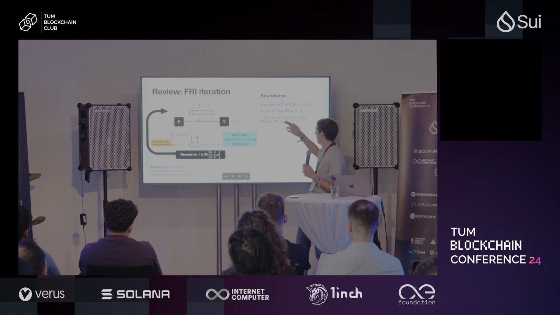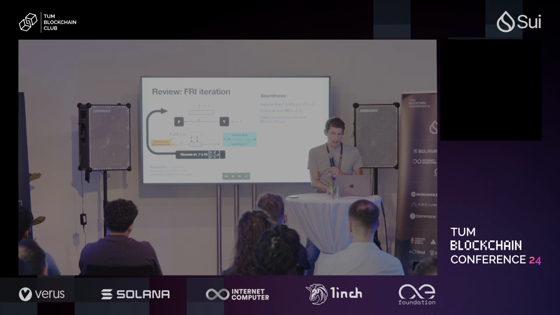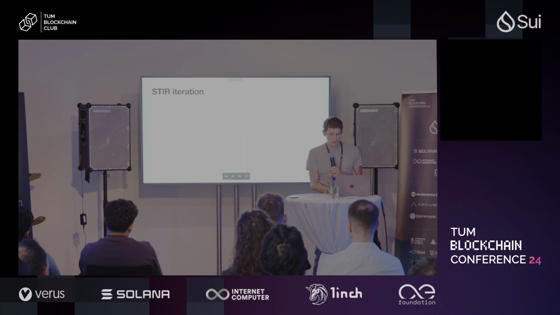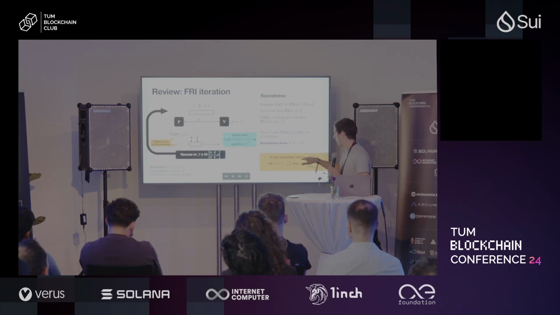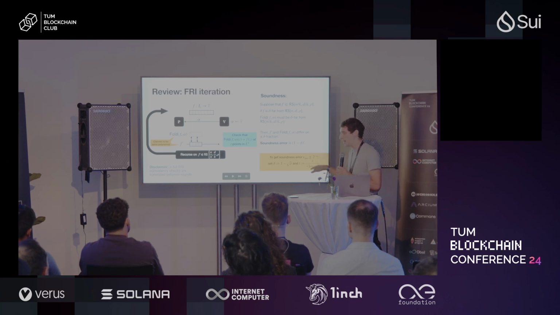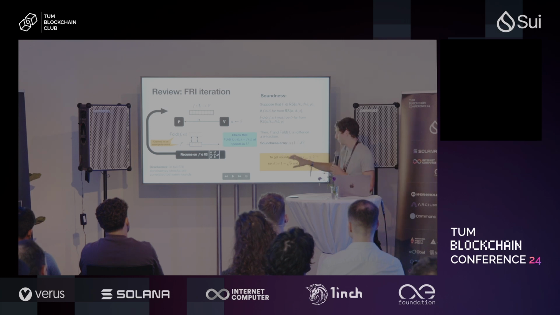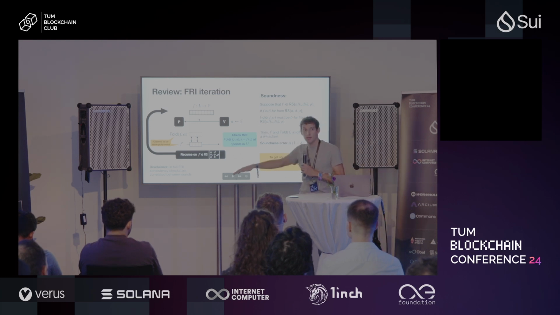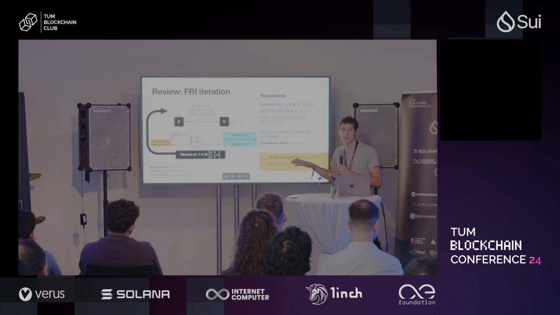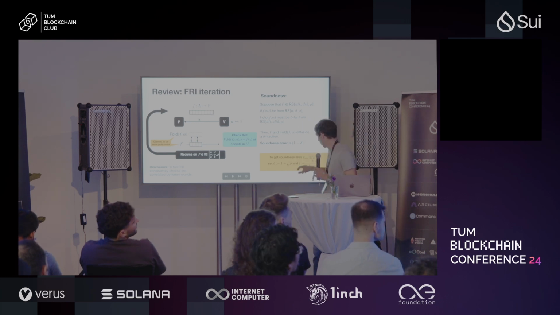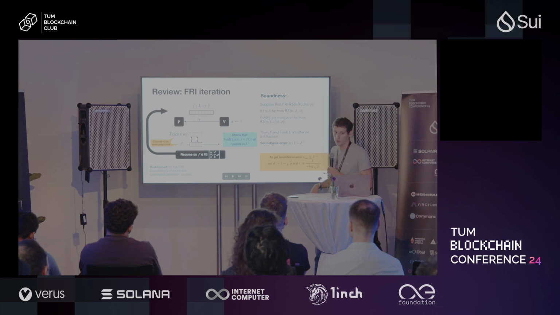So if I check at a few random points, my soundness error is roughly 1 minus the distance, to the power t. In particular, to get the soundness error I was talking about, I need to set t to be the same in each round, roughly lambda divided by minus log of the square root of rho. If I do this for log d rounds, I essentially get the query complexity of FRI that I gave you before: roughly log d times lambda divided by minus log square root of rho.